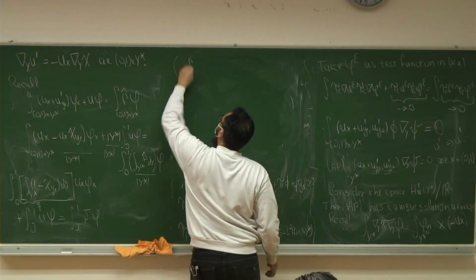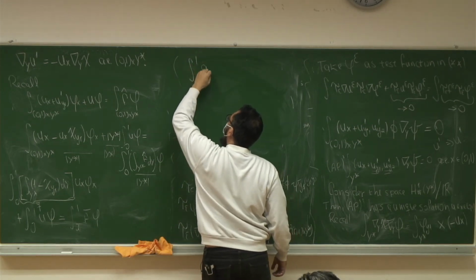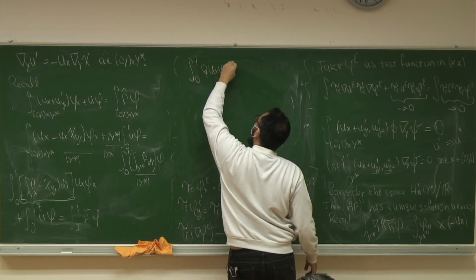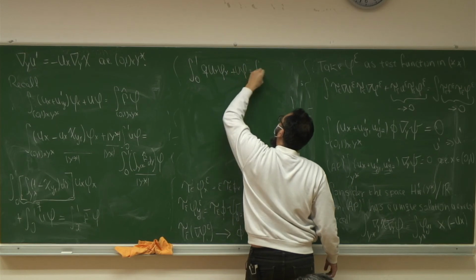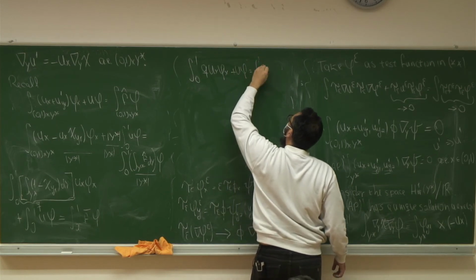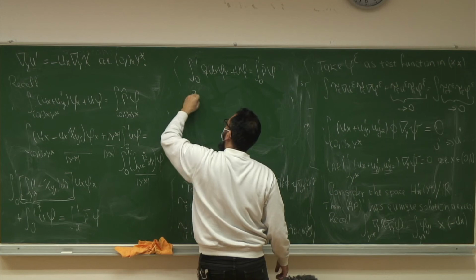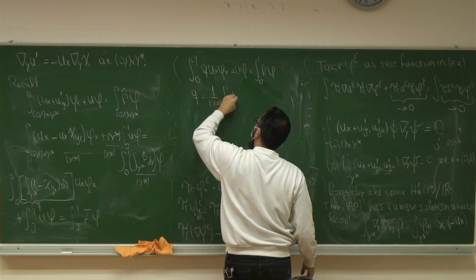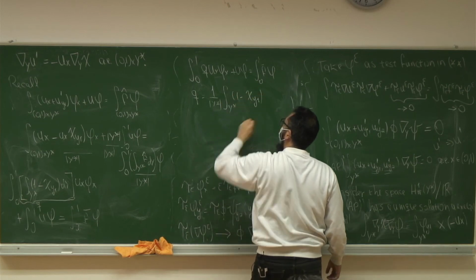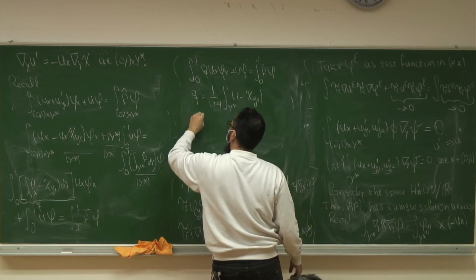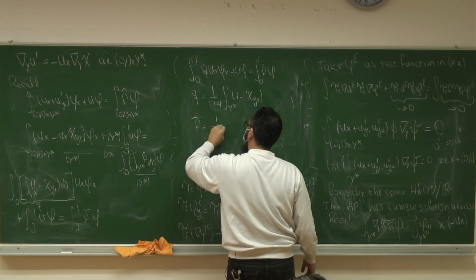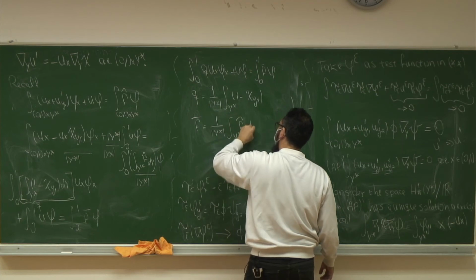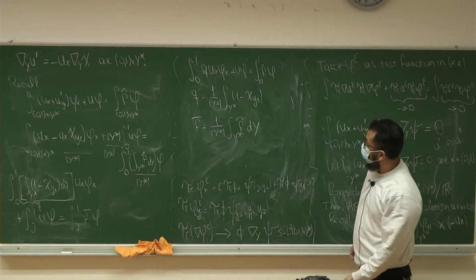So we will have the integral over 0, 1 of q ux phi x plus u phi 0, 1 f bar phi, where q is this, f bar is this, and we have the result.